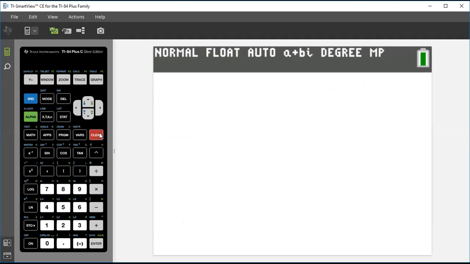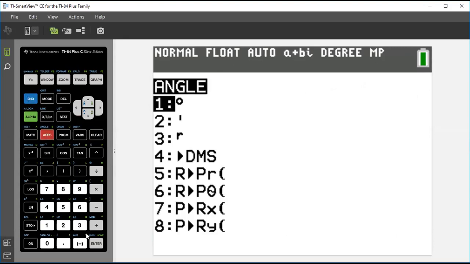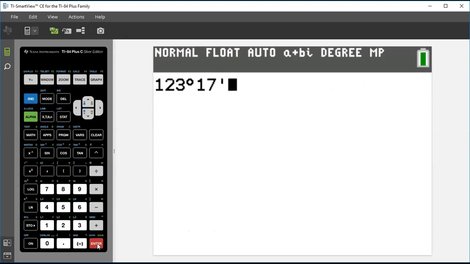All right, so I am going to type in 123 degrees, which you are going to find on the second apps, followed by 17 minutes, second apps, and 18. And what key do I have to hit now? Yep, alpha plus, good. Again, it's kind of the oddball.